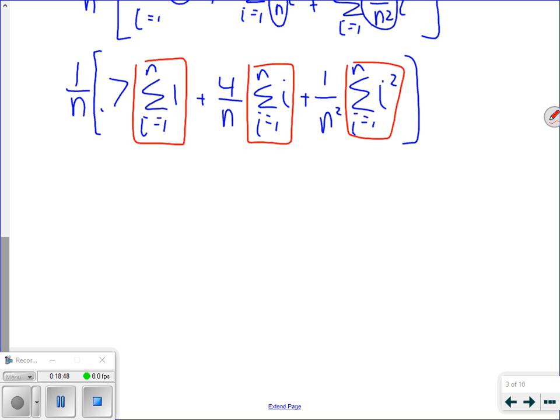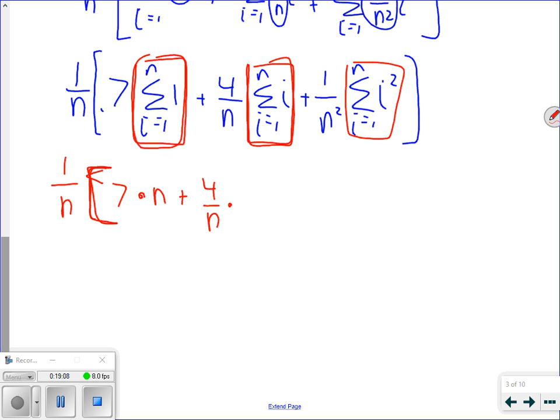So what I got is 1 over n, this is 7 times, remember that this identity becomes just n, plus, then I got 4 over n multiplied by, remember that this identity is the same thing as n times n plus 1 over 2, plus 1 over n squared.